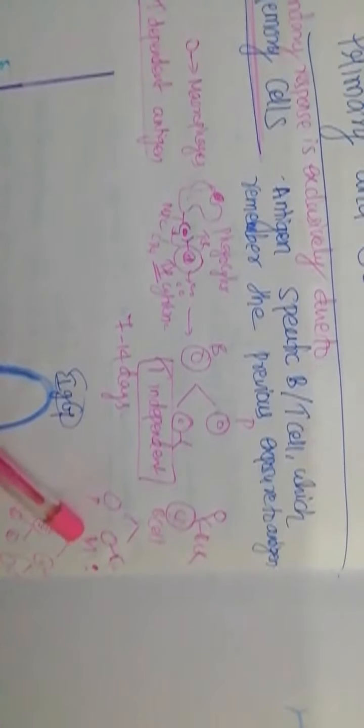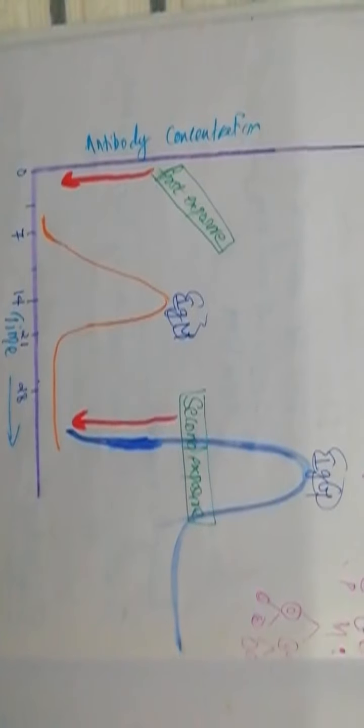During primary response, they do not respond to antigen and do not contribute to host defense, whereas when your body is exposed to the same antigen for the second time, whether after 1 week, 1 month, 1 year, 10 years or even 40 years, memory cells will be there in the body. They will directly identify the antigen and undergo differentiation into plasma cells and memory cells. So this is what happens in the case of antigen exposure.